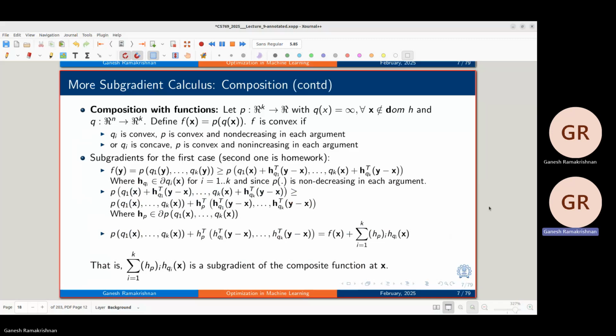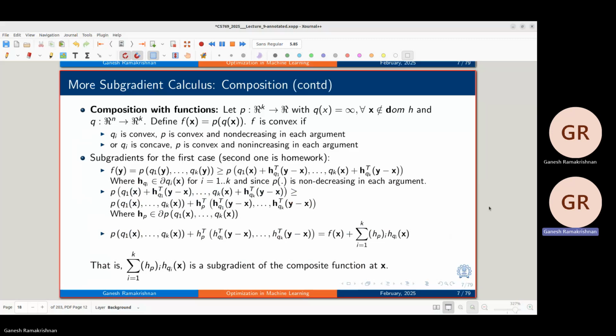So you'll have the summation of HPI times HQI vectors, I equals 1 to K. HPI is a scalar, HQI is a vector.